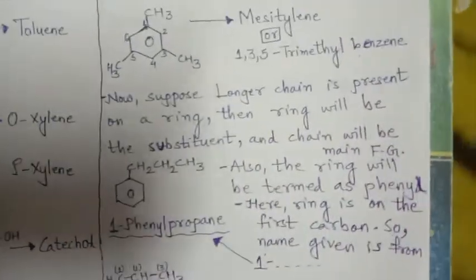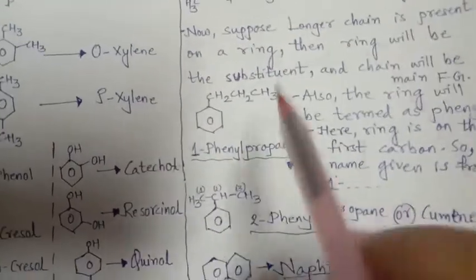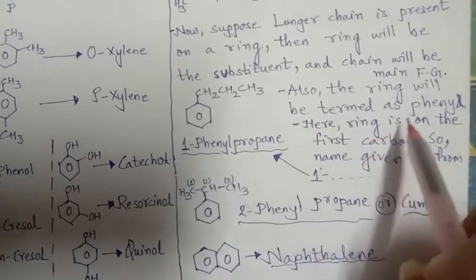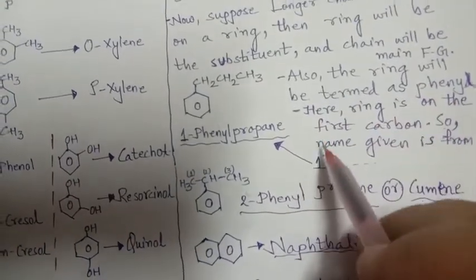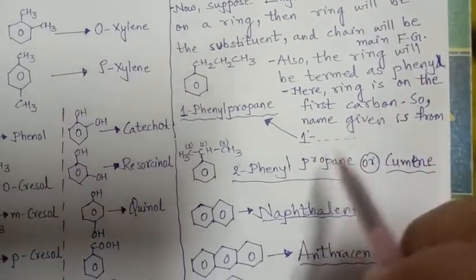So if a chain is present on the ring, then the ring will become the substituent, right? And how to give the name? The ring will be termed as phenyl, and the ring is on the first carbon of the chain, so the name is given accordingly.